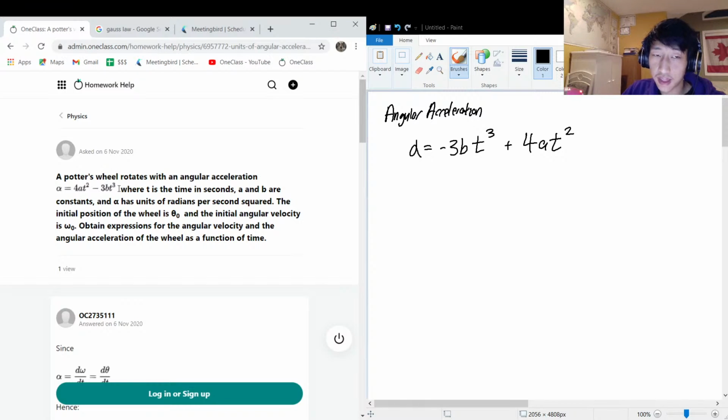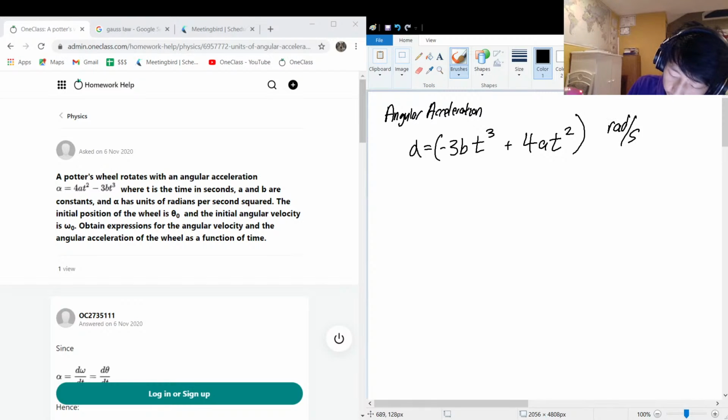We're given the angular acceleration with this equation, and we have t, which is time in seconds. A and b are constants, so we can just leave them as is. We don't really need to worry about them that much. And alpha has units of radians per second squared, so rad per second squared.